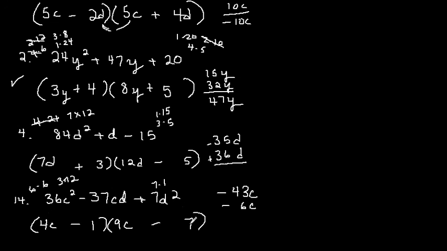My outer would be, of course you have to know your multiplication table somewhat, negative 28c, and my inner would be negative 9c, and I get negative 37c.